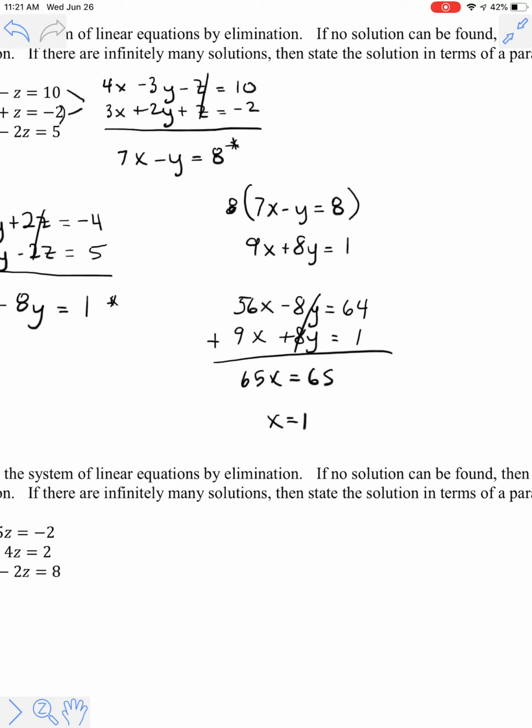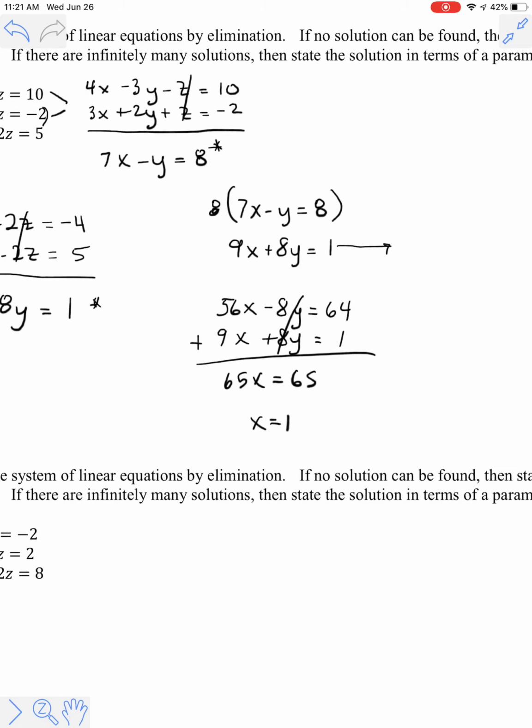Now, going back to one of the equations that only had two variables, now that I know that x equals 1, I can take that equation, for example, and 9 times 1 is 9, plus 8y, subtract 9, and then divide by 8 to get y equals negative 1.